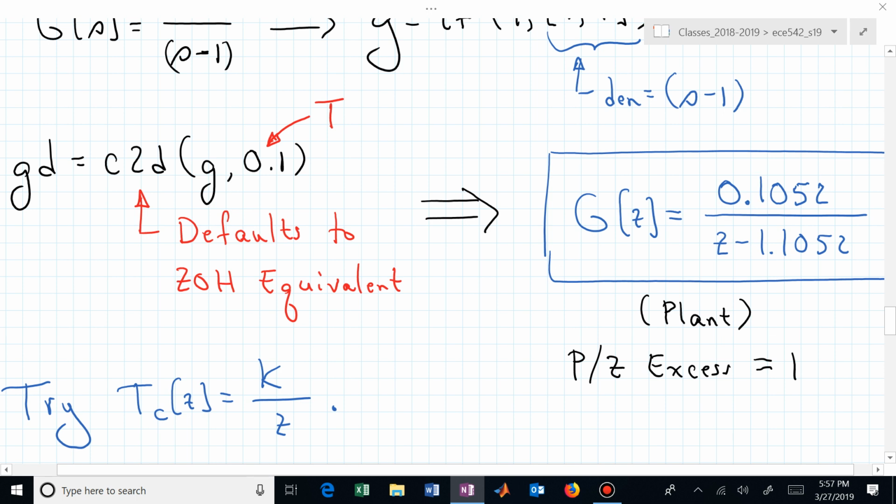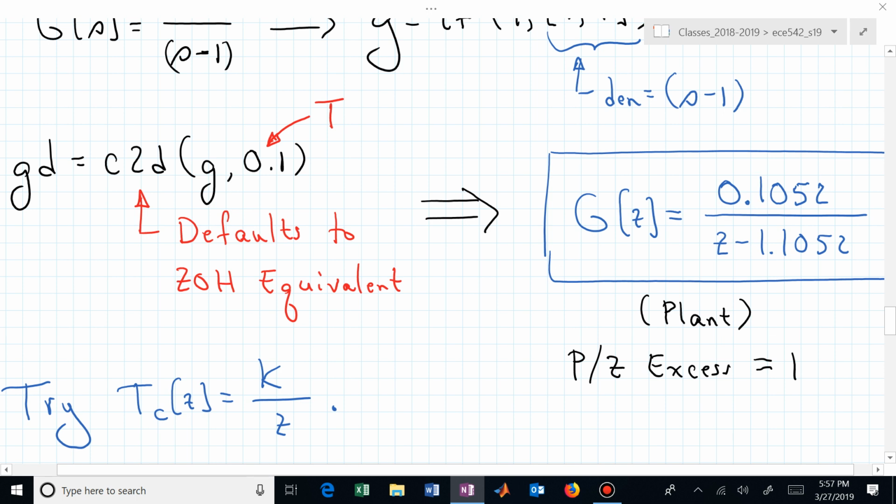Question? I just had a question about the pole zero excess. In the notes it said that the transfer function had to have at least the same pole zero excess as G. Can it have a larger pole zero excess, or does it have to be the same? The question was, the wording on restriction 1 said that the desired closed loop, or T sub C, has to have a pole zero excess of at least the same magnitude as your original plant.